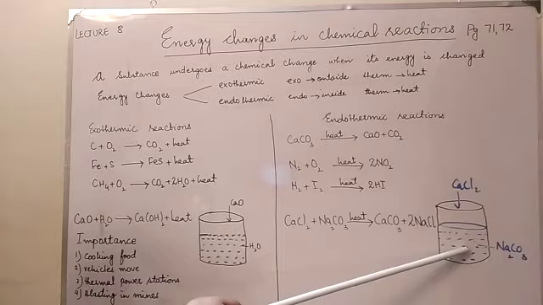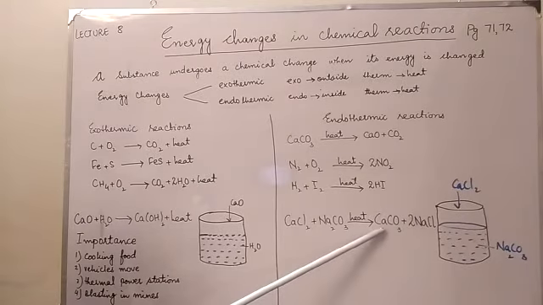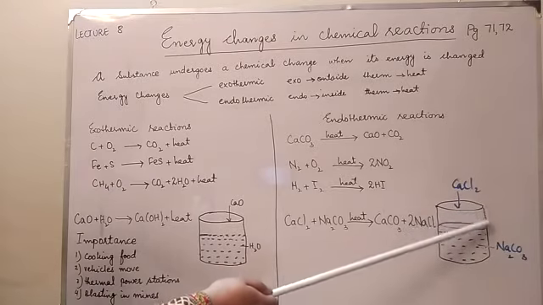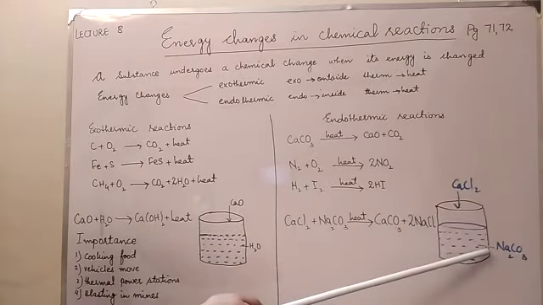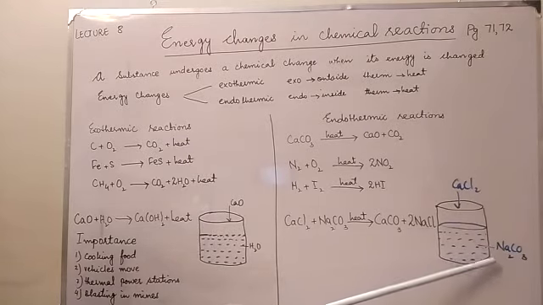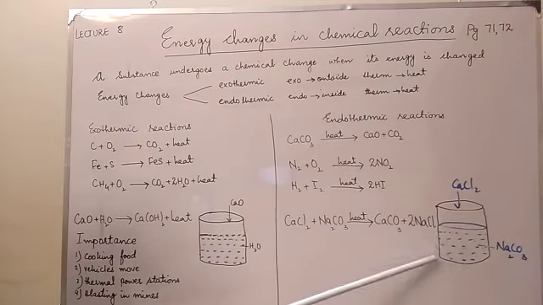As a result of this, we can feel that the sides of the beaker become cold. So calcium carbonate and sodium chloride will form in the beaker, but the outside of this beaker will become cold, which means that it is an endothermic reaction, because heat is absorbed by the chemical reaction.